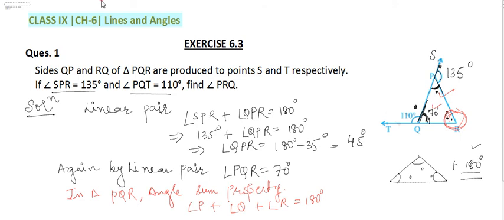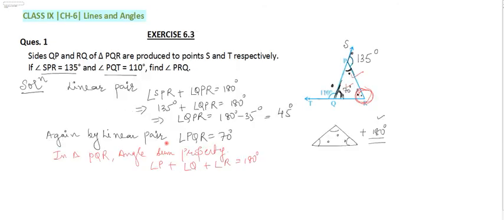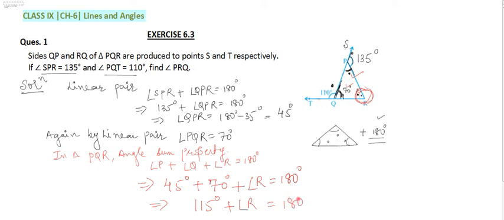Now substitute values. In place of P, we will put how much? 45 degree. In place of Q, we will put 70 degree. In place of R, we will write angle R equal to 180 degree. Now just solve this. 70 plus 45 will give us 115 degree, plus angle R is equal to 180 degree.